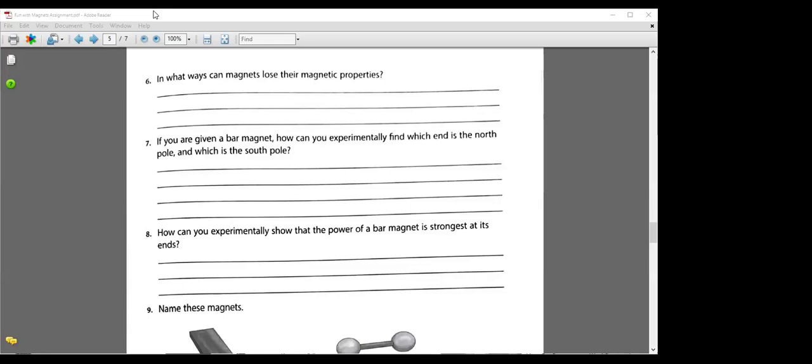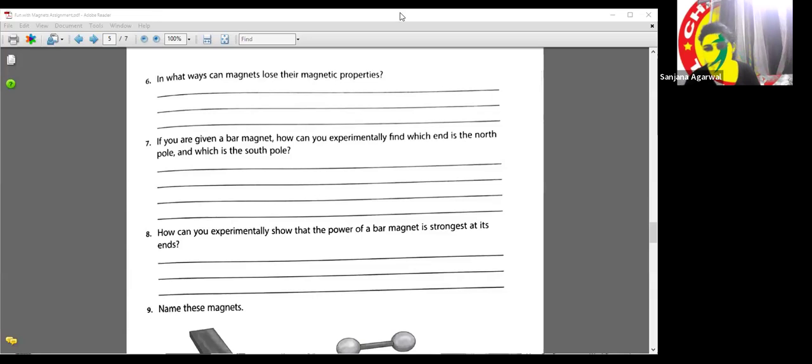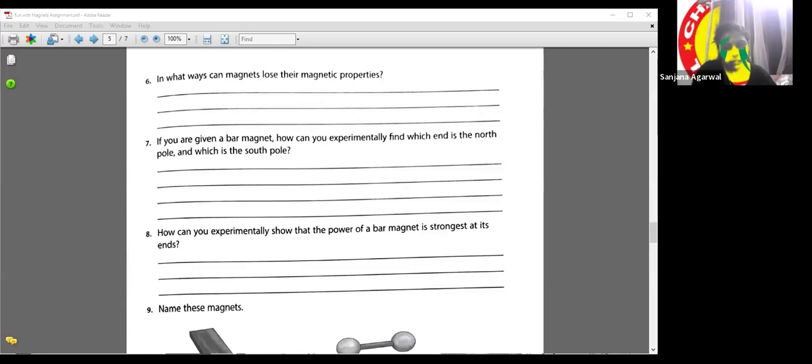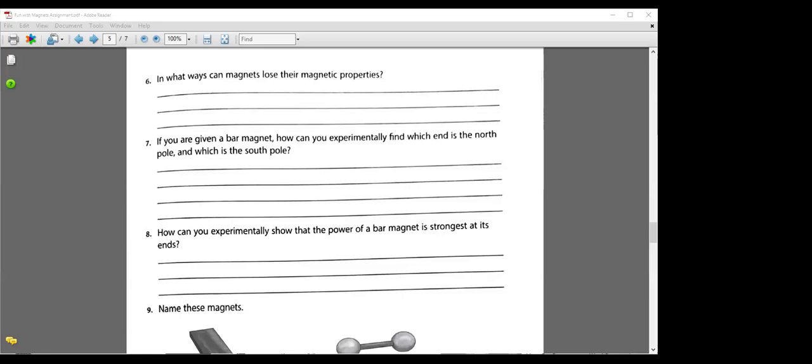Ma'am, your voice is breaking. When we keep the needle on top of the bar magnet, it will rest in the north direction.